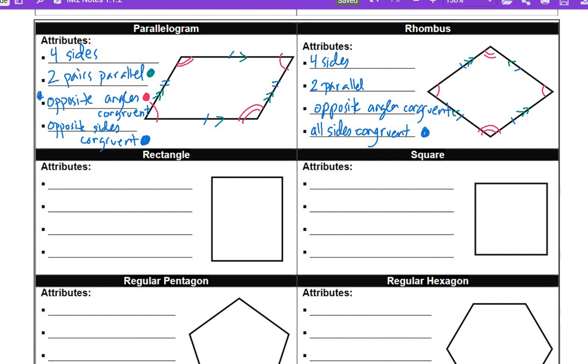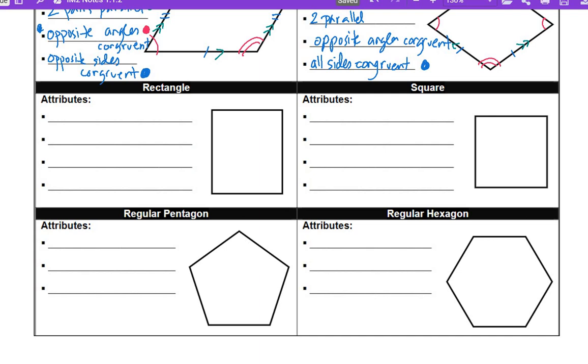Moving right along to rectangle. So a rectangle has 4 sides. Opposite, 2 pairs are parallel. All angles are right angles.